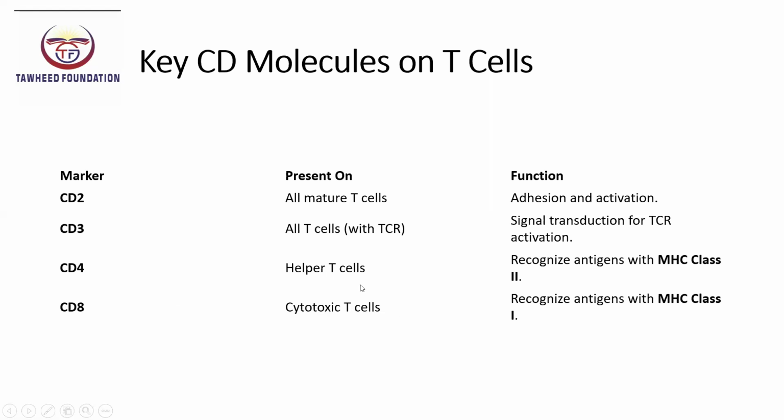CD4, expressed on helper T cells, recognizes antigens presented by MHC class II molecules. CD8, expressed on cytotoxic T cells, recognizes antigen presented by MHC class I molecules. These markers help define T cell subsets and determine their functional roles in immunity.